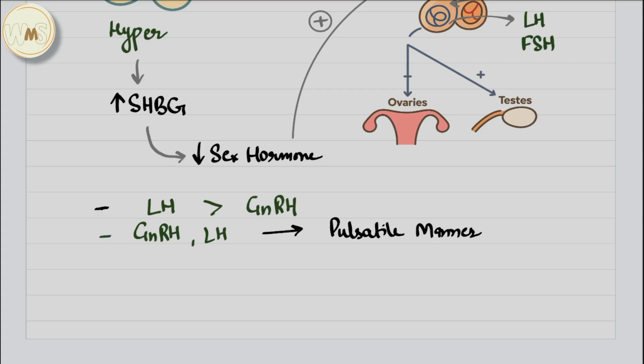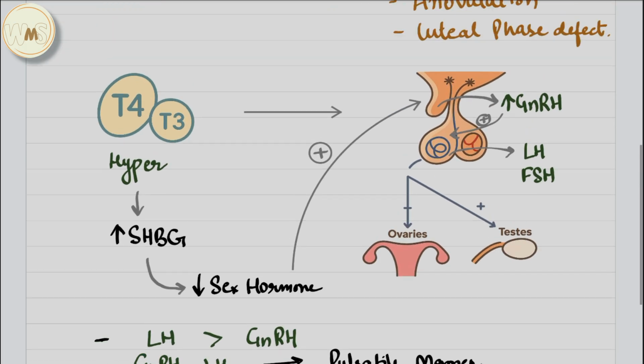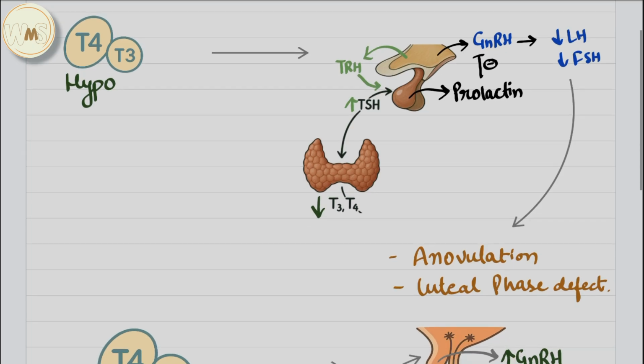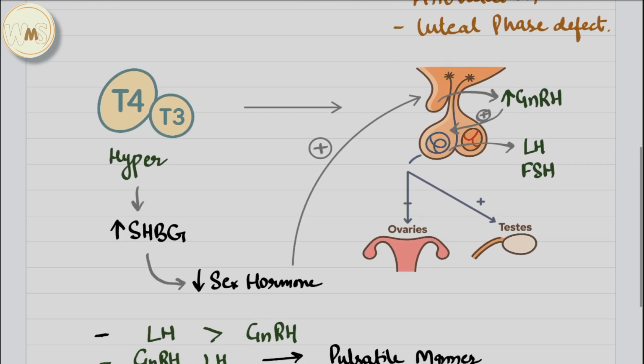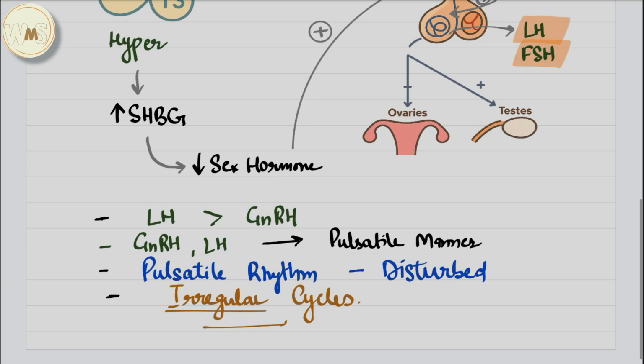But in hyperthyroidism, the normal pulsatile rhythm of GnRH and LH is disturbed, resulting in erratic, that is, irregular cycles. So in hypothyroidism, there are suppressed GnRH, LH and FSH levels, and in hyperthyroidism, there are increased levels of GnRH, LH and FSH, but the normal pulsatile rhythm is lost, resulting in irregular cycles.